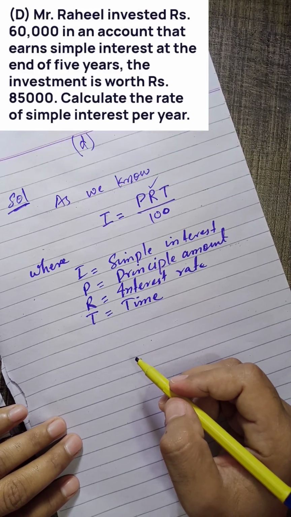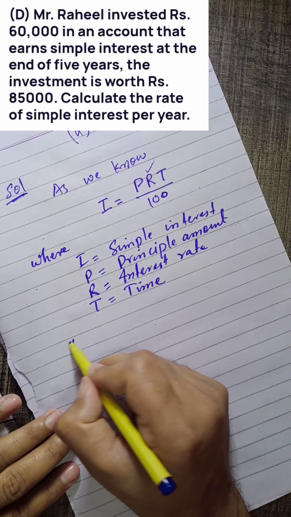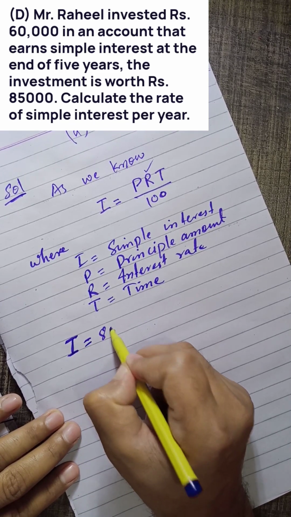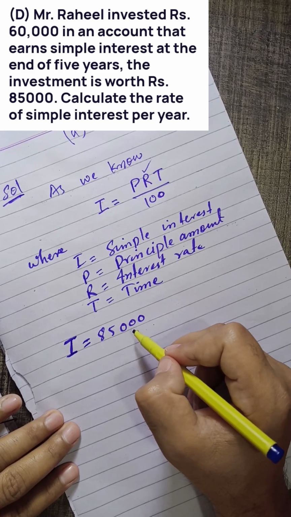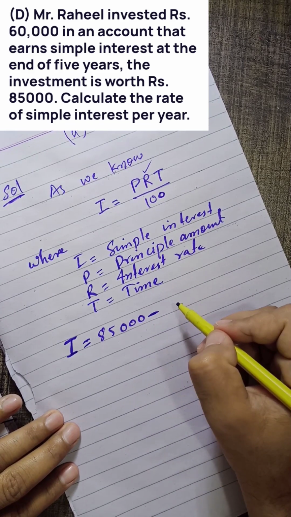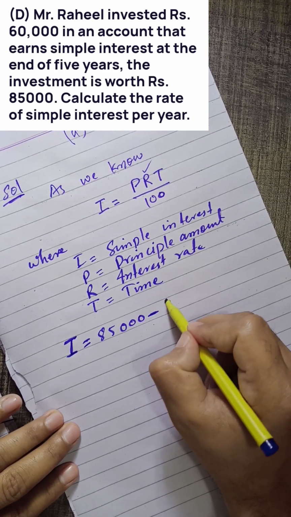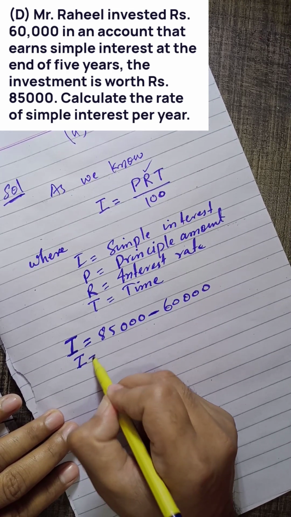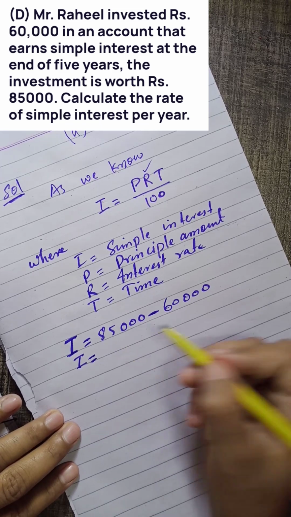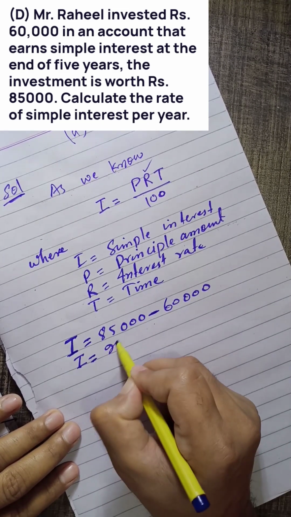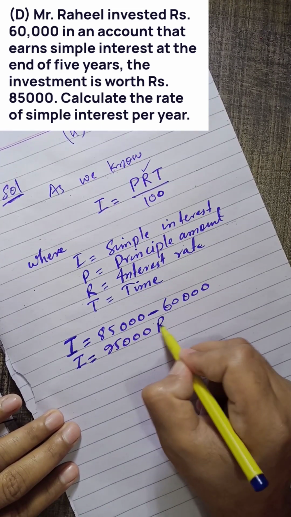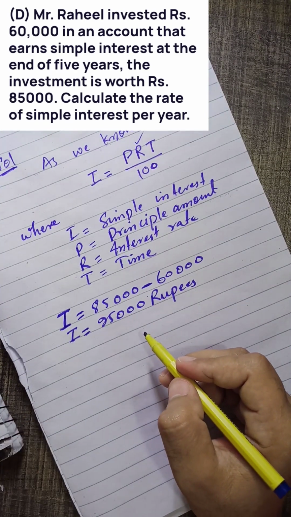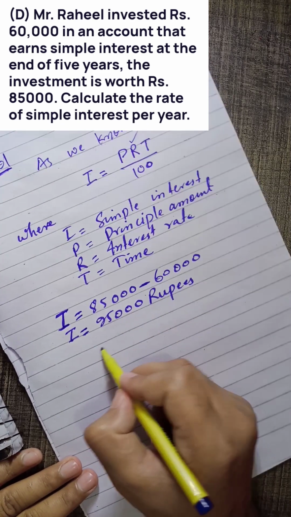As given, interest earned will be, now the interest he gained, that is 85,000, which he got after 5 years, subtract initially what he invested, that was 60,000. Now the simple interest will be equal to 25,000 rupees. Now the time is 5 years and time is given.